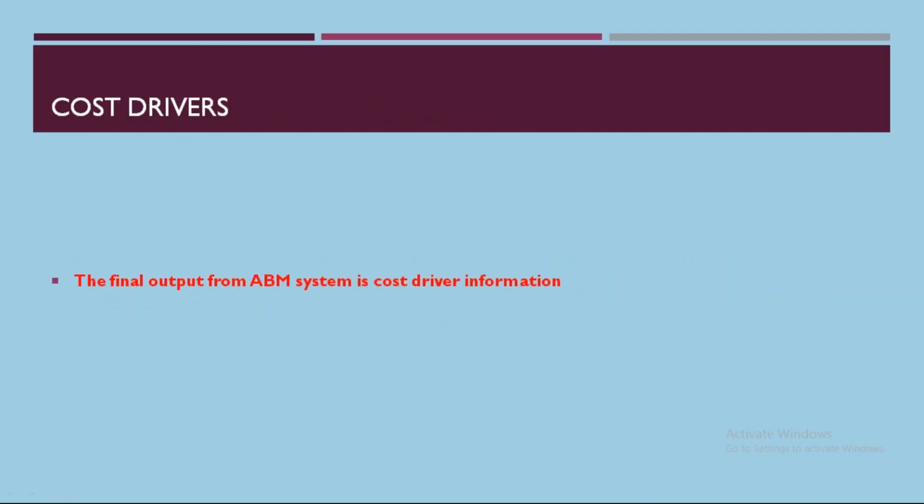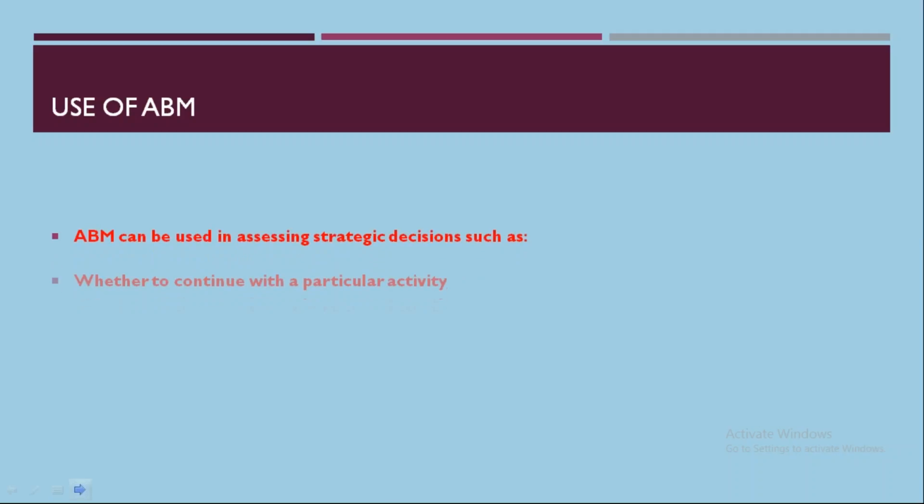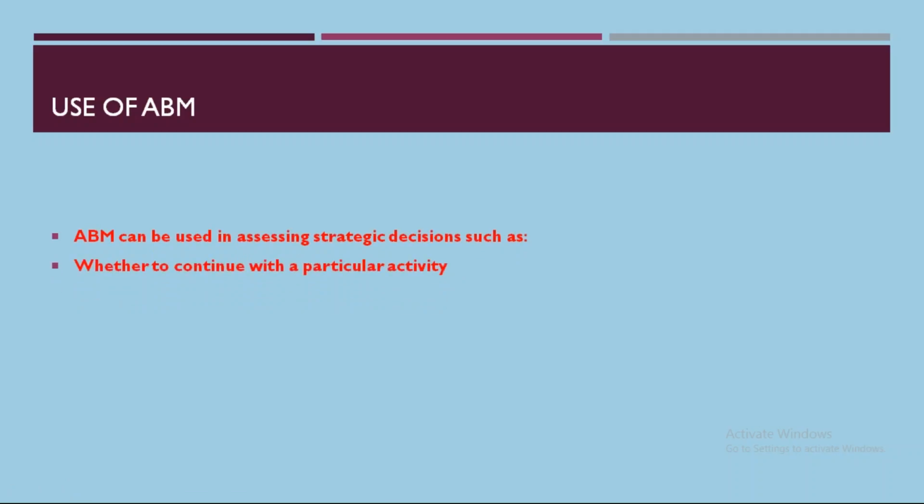You know the cost drivers. It's basically what we have learned in activity-based costing. We have to find out the cost driver information continuously. And activity-based management, I think, can be used in any area, right? Basically for strategic decisions, whether we should continue with a particular activity or not.